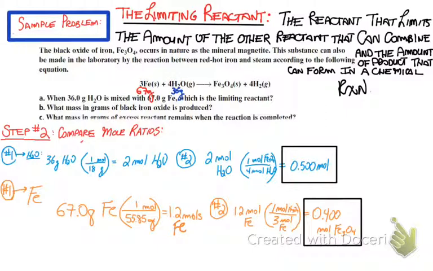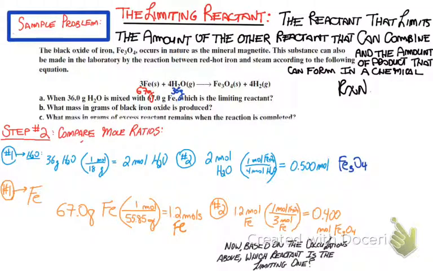Therefore, the iron is your limiting reactant. So that's part A. It says what mass in grams of black oxide is formed. That's pretty easy because we go back to the limiting reactant. Again, in part A, we found that the water has the potential to produce 0.5 moles, whereas the iron has the potential to produce 0.4 moles of the iron oxide, or the black oxide.